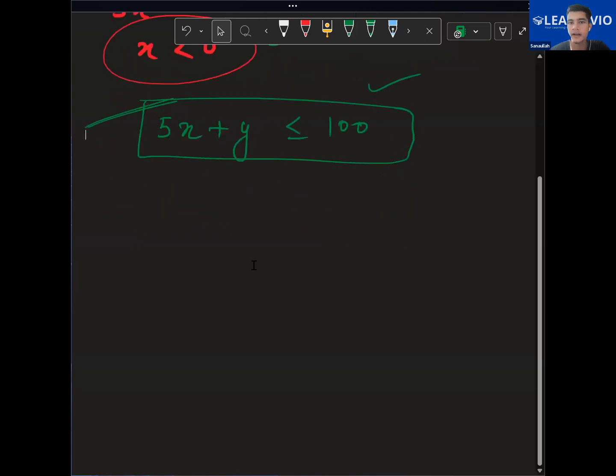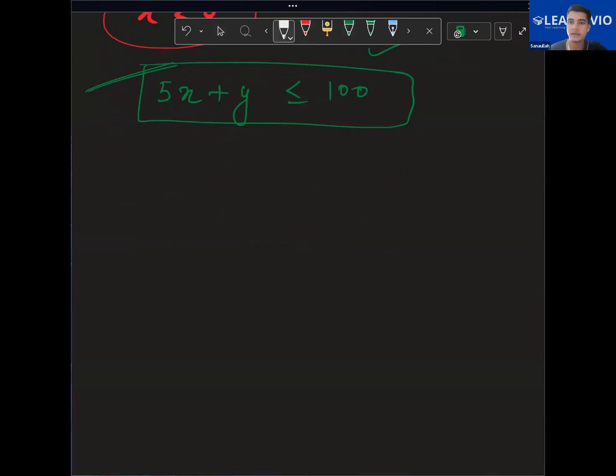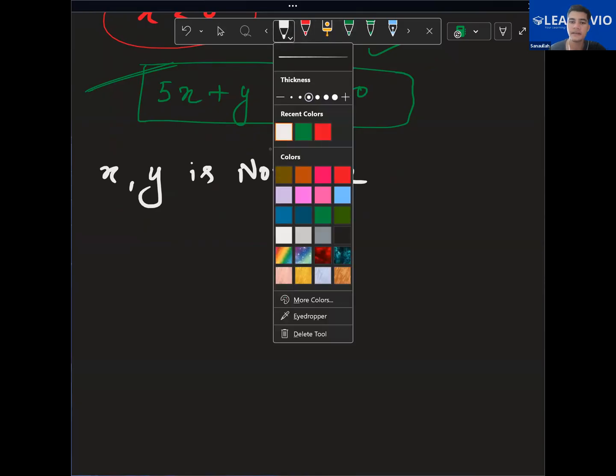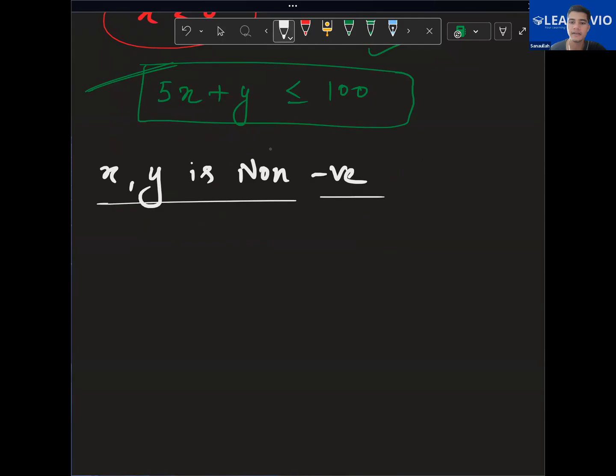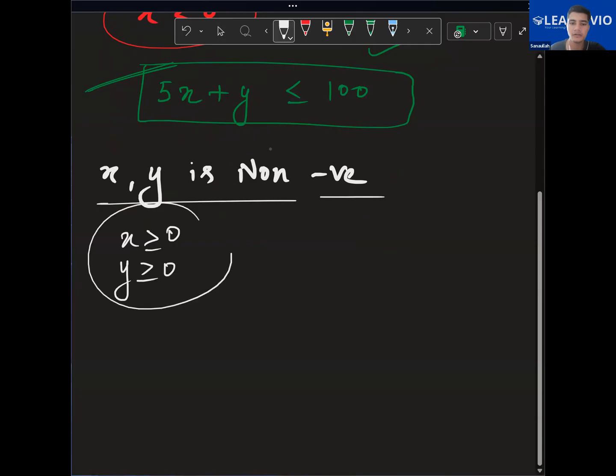And whenever you have a non-negative term in the questions, so non-negative means if I'm saying my x and y is non-negative, x comma y is non-negative, so that means x and y should be greater than or equal to 0, zero included also.